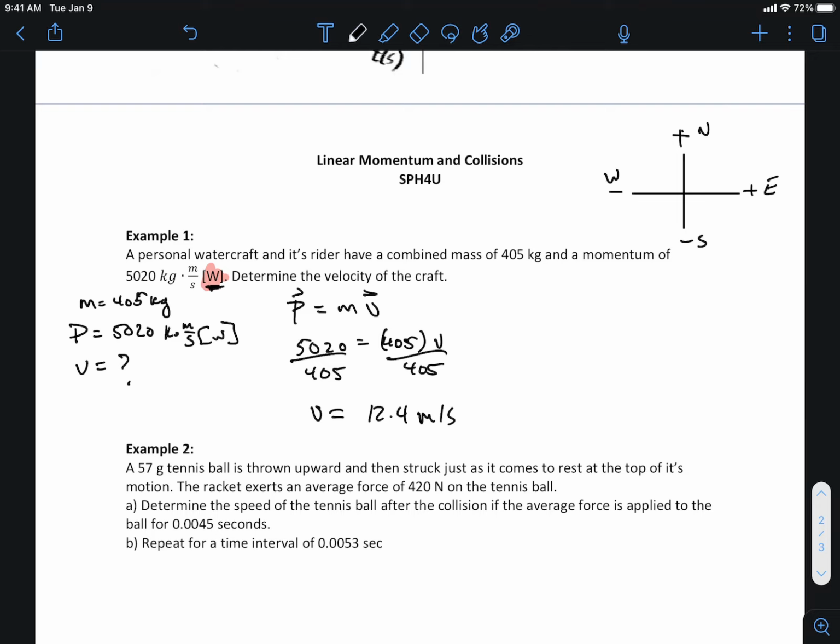The way you could control the sign, if you didn't want to write west everywhere, remember, we can just make the momentum negative, because west is in the negative direction. So our answer could be negative 12.4 meters per second, or you could say 12.4 meters per second west.